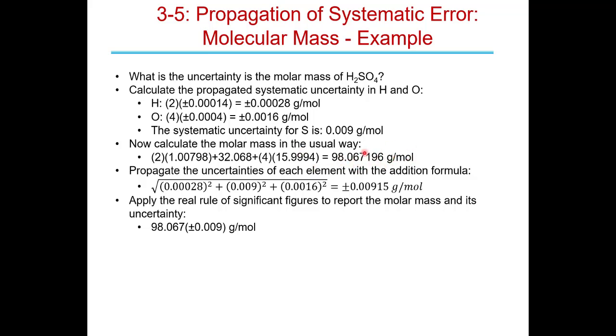So we're going to round this to the appropriate number in a minute once we figure out what the uncertainty is. Now we're going to propagate the uncertainties of each of these elements through our normal random error formula. That's because we might get some cancellation because there's no reason that the amount of sulfur might be connected or related to the amount of hydrogen that is present at any particular place on the planet.